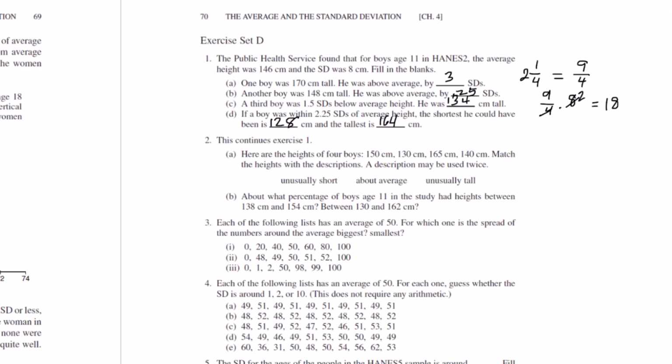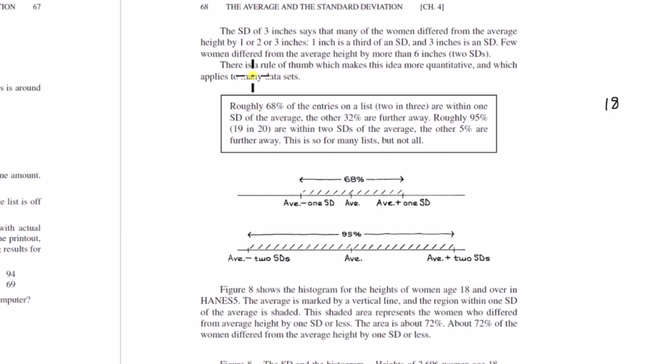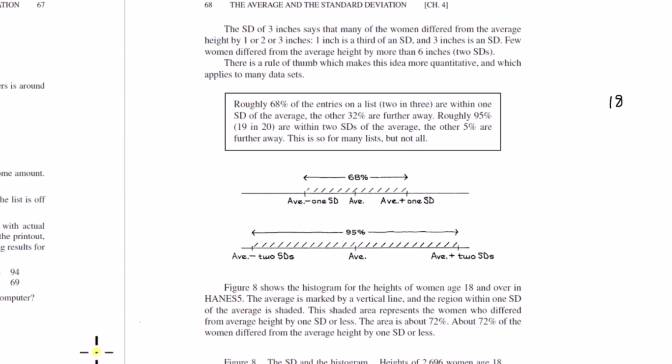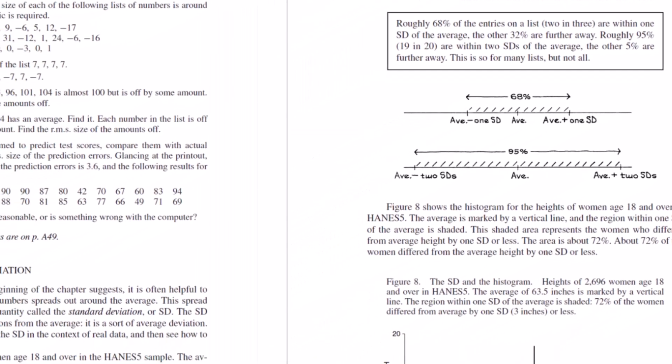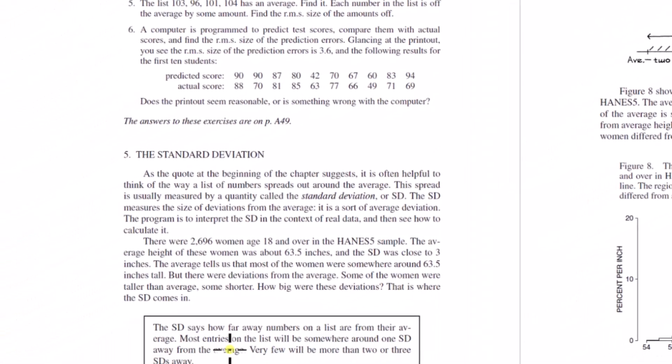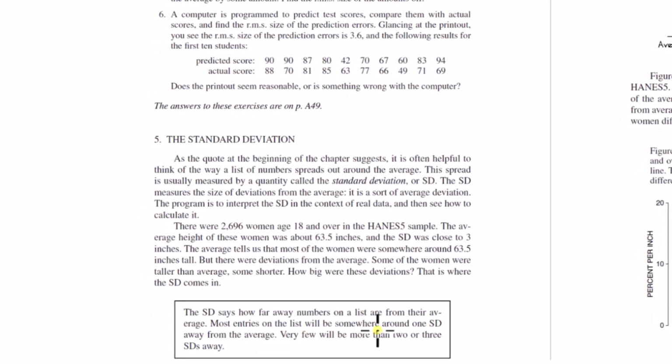A rule of thumb you can use, this isn't a hard rule, is that for a list of numbers, most entries in the list will be somewhere around one standard deviation away from the average. Most of the entries are going to be within one standard deviation from the average, above or below it. And then very few will be more than 2 or 3 standard deviations away.